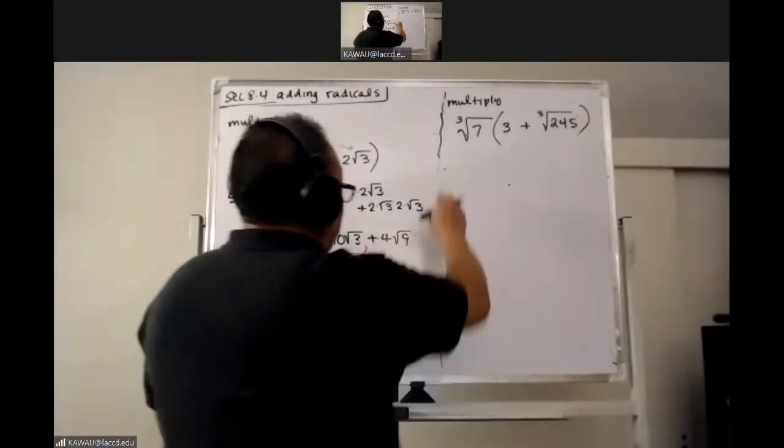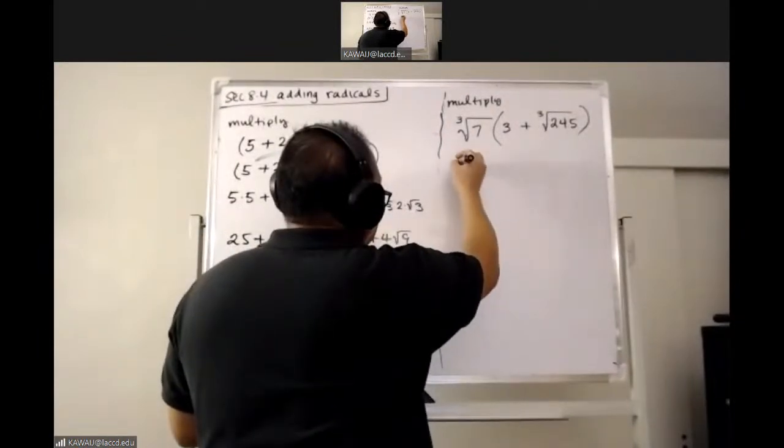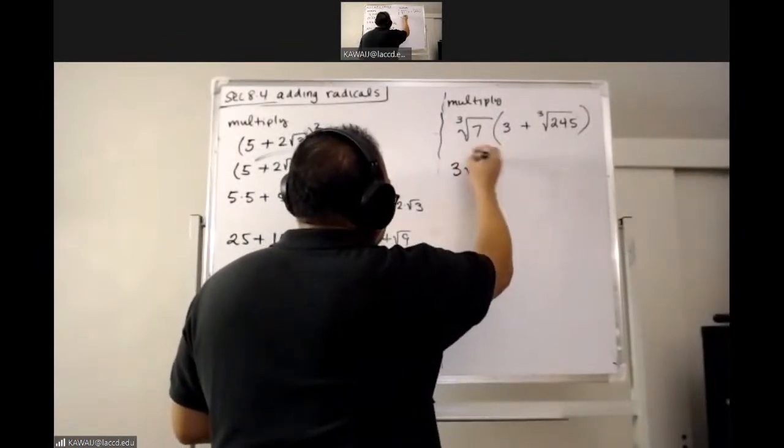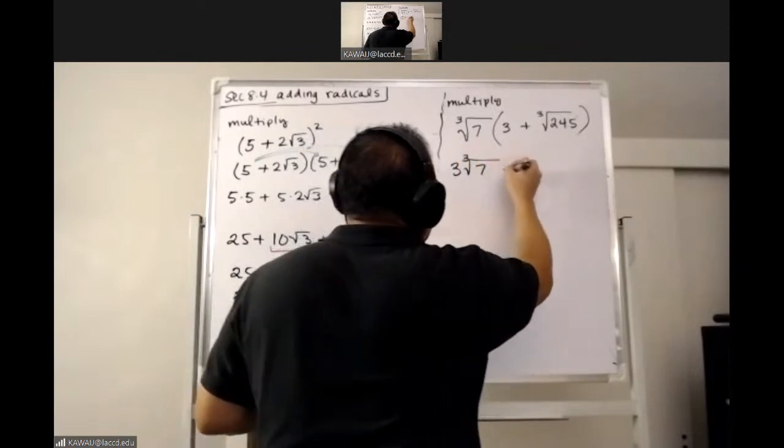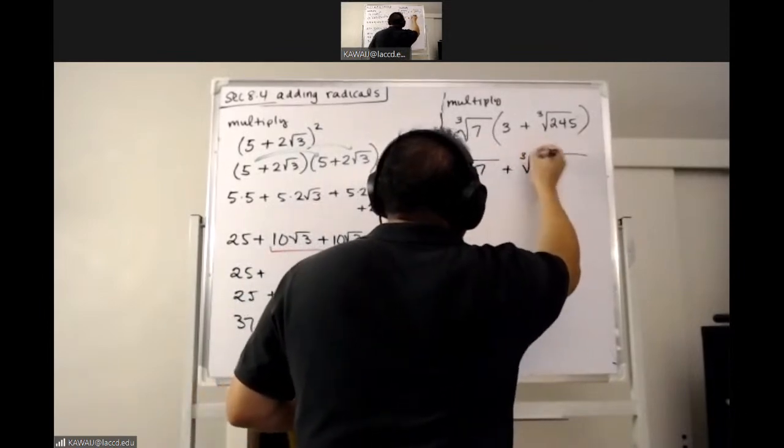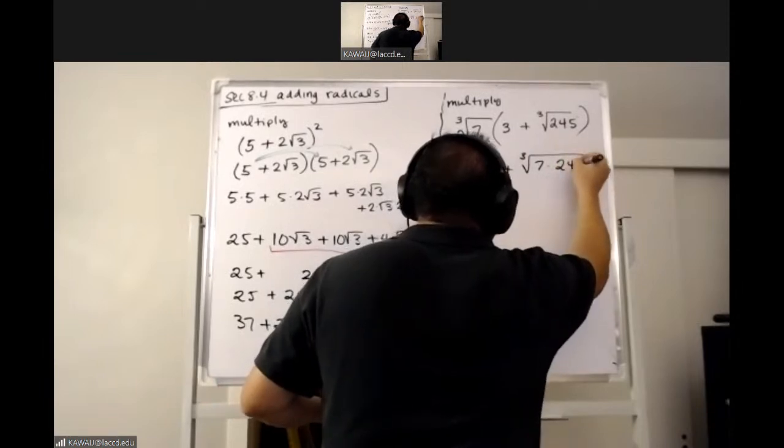So now this turns into 3 times cube root of 7 plus cube root of 7 times 245.